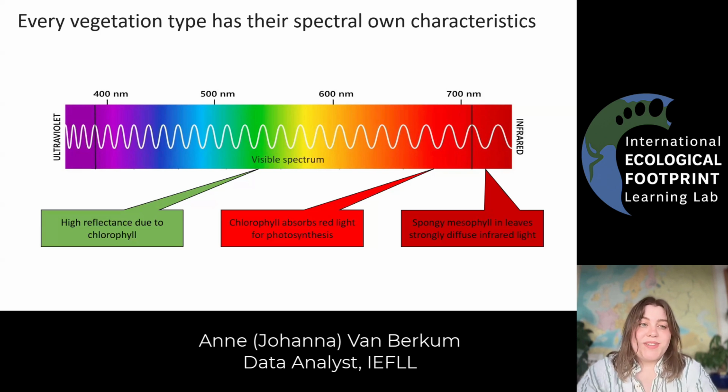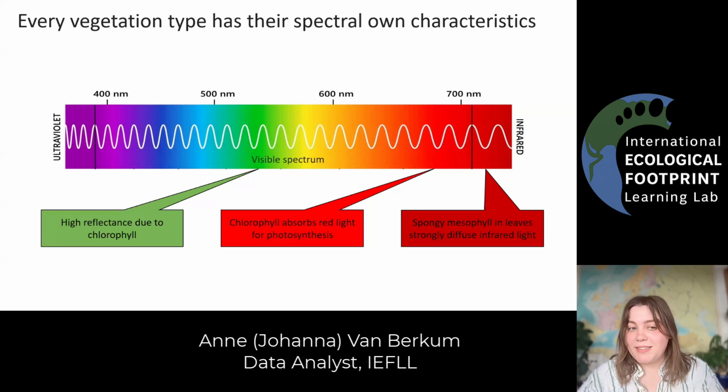For vegetation specifically, we can even distinguish between different species, but in general, they have high reflectance in the green. That's why they are green to our eyes. That's due to the chlorophyll. The chlorophyll also absorbs a lot of red light for the photosynthesis, and we can use the infrared light to see growth patterns or soil health, essentially. We can use these characteristics to see things that we usually can't see.